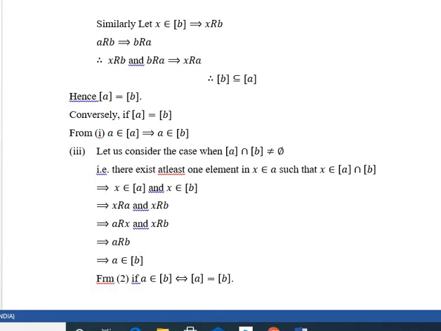Third one, let us consider the case when [a] intersection [b] is not equal to phi.